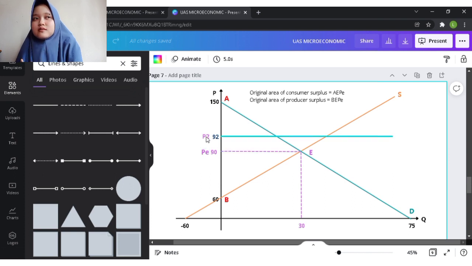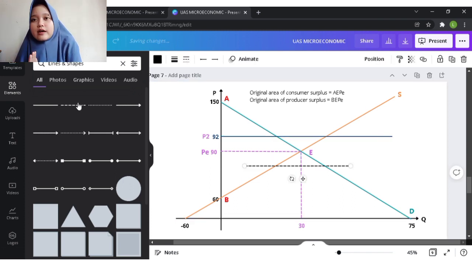The sellers feel that it is not good for us. Then the government, if they want to be the hero in this case, can implement the floor price policy, which is the minimum price.